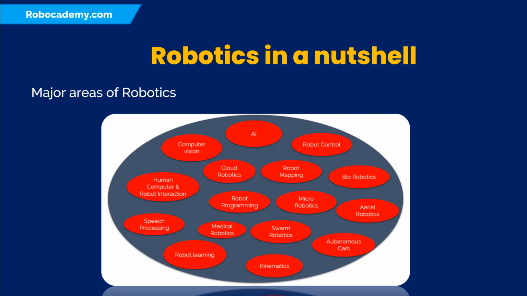It's another branch. Then robot control, biorobotics, aerial robotics, autonomous cars, kinematics, robot learning, medical robotics, swarm robotics, speech processing. If you check the handbook of robotics, you can find all these domains, and you will get a lot of references from that.